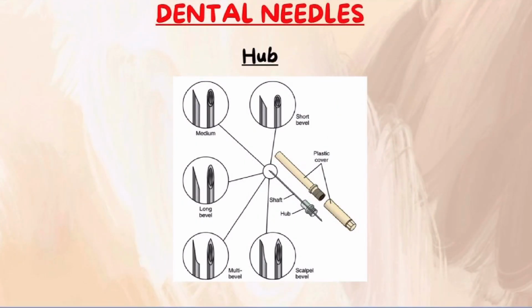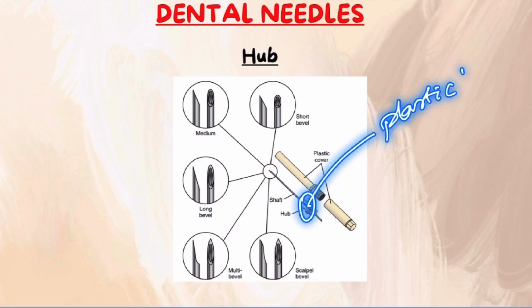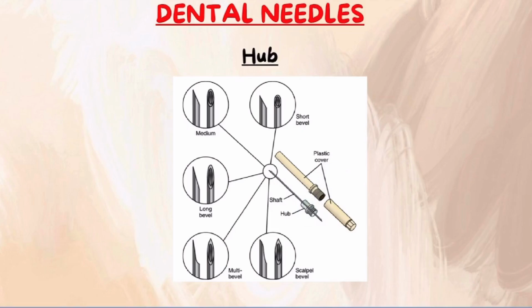Hub is a piece that connects the needle to the syringe. This hub can be made of plastic or metal. In some cases, you might find pre-threaded hubs, especially with the metal ones, that allow for secure attachment.